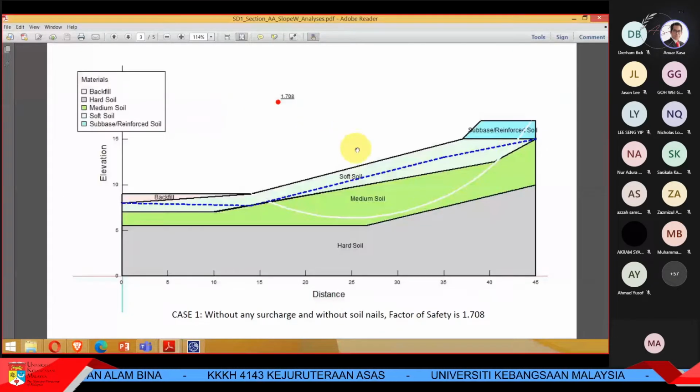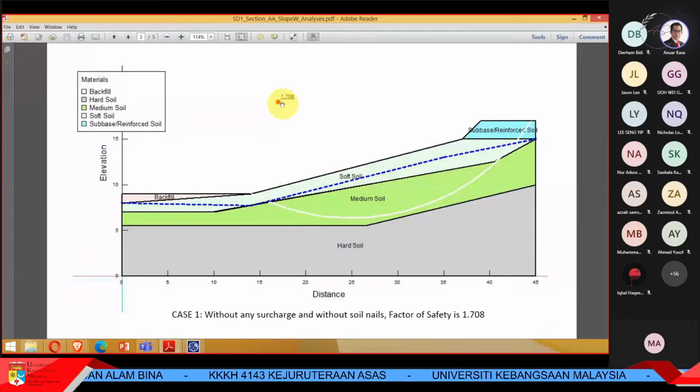For this one I'm using the SLOPE/W software to find the factor of safety. Because SLOPE/W uses the limit equilibrium method, which I think you also learned in the previous course.